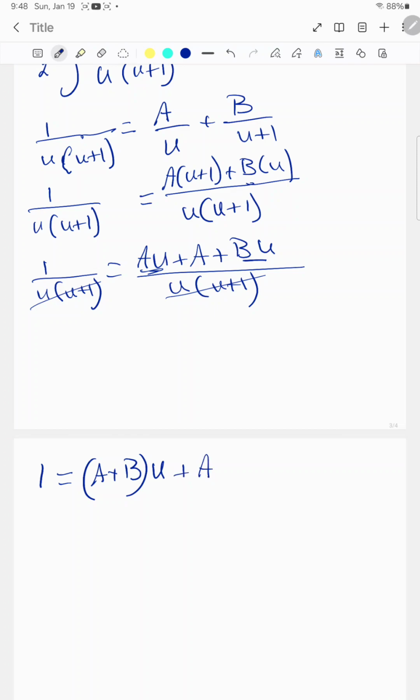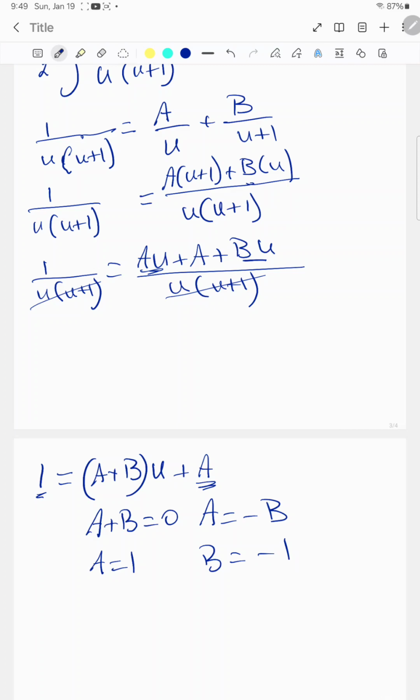And on the left-hand side, I don't have anything with a coefficient of u. That means my a plus b is equal to 0. That means my a is equal to minus b. And that a here does not have a coefficient of u, and the 1 here does not have a coefficient of u. That means my a is equal to 1. So my b would be equal to minus 1, because a plus b is equal to 0.